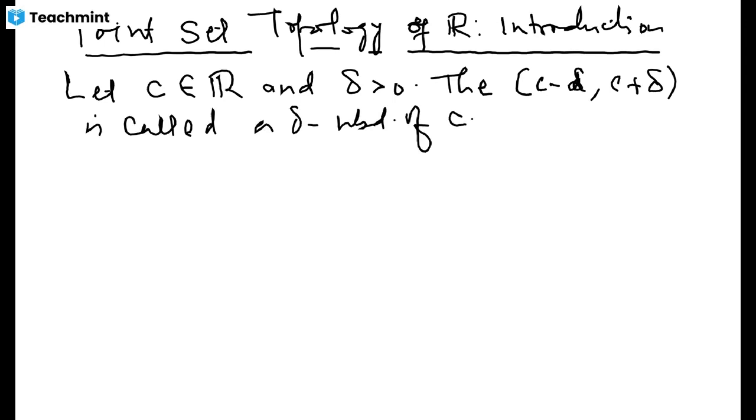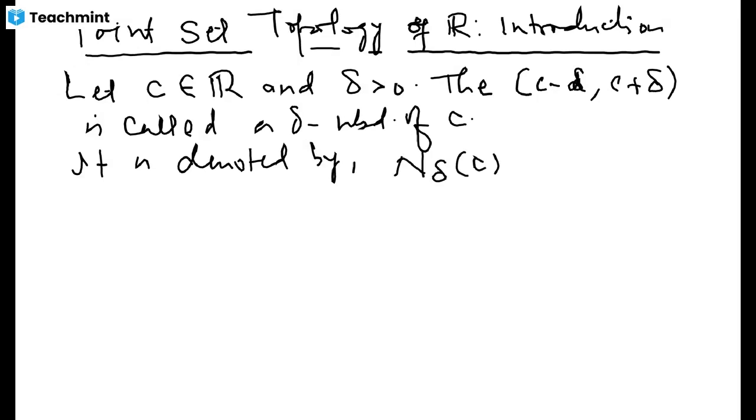This delta neighborhood of a point c is also given some other notations. It is denoted by other notations like N sub delta of c, or N(c, delta), or B(c, delta).